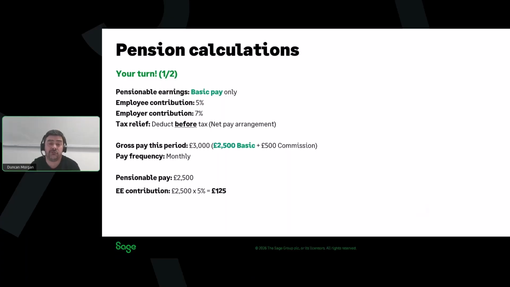And as it's deducted before tax, that full percentage is deducted and tax is calculated on the remainder of the pay. Employer contribution, 7% of the pensionable pay, so 7% of £2,500 is £175.